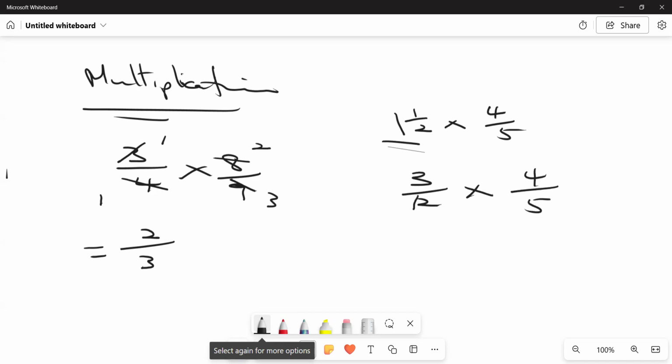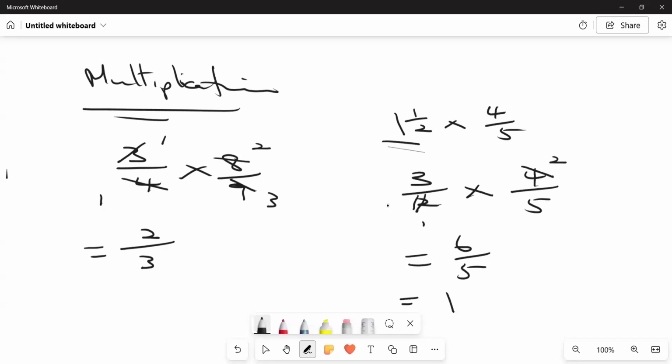This can cancel with that. And you end up with, anything else can cancel? No. We end up with 6/5, which is 1 1/5, right?